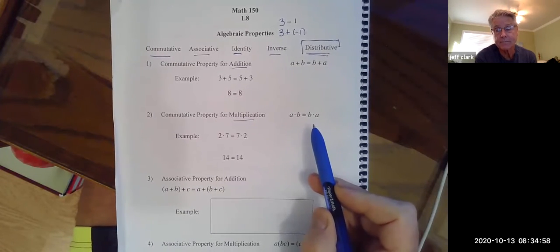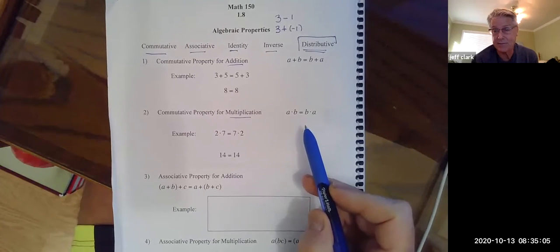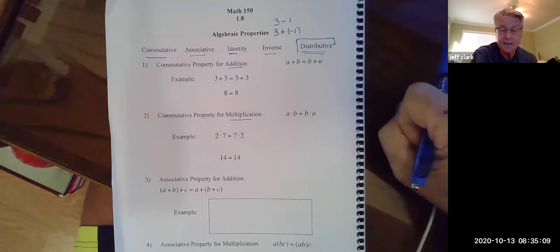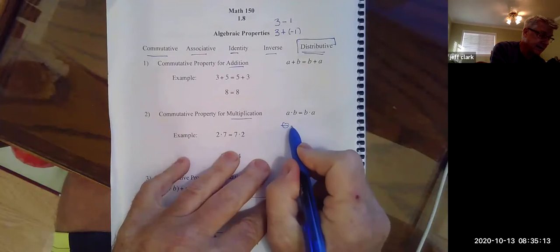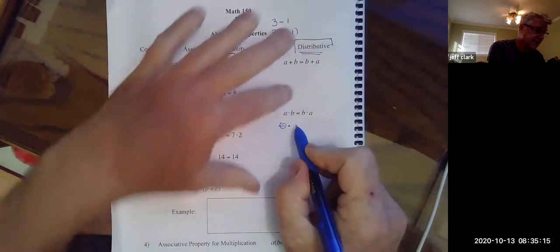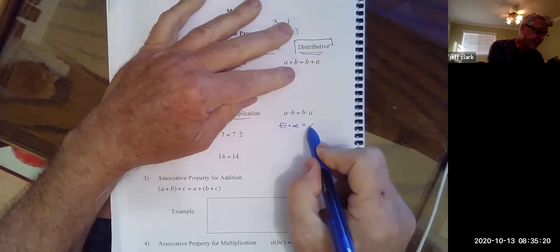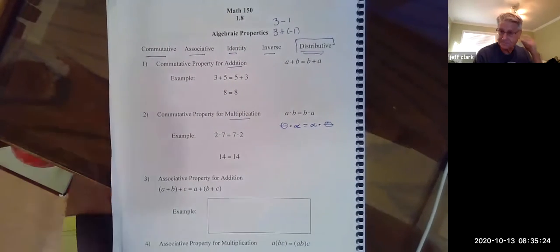A variable typically is a letter of our alphabet, but it could be any alphabet, like the Greeks. We attribute a lot of mathematics to the Greeks. So it could be theta times, let's say, alpha, which is the same as alpha times theta. Those are just variables.